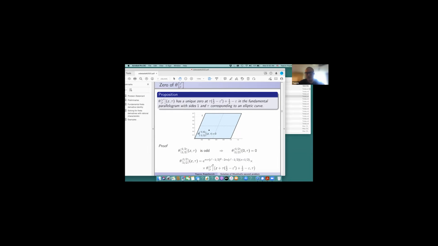Then when you do the accounting here, you get that when you substitute this point here, you get the half at 0. And then you want to count the number of zeros. So you can just take the d log of this function inside the fundamental parallelogram. And because of the invariance properties, you get that you have only one.